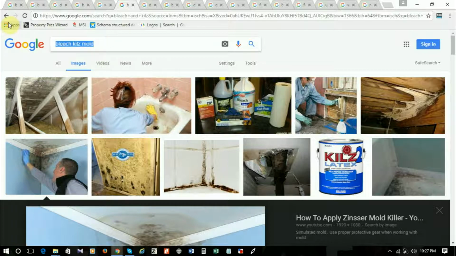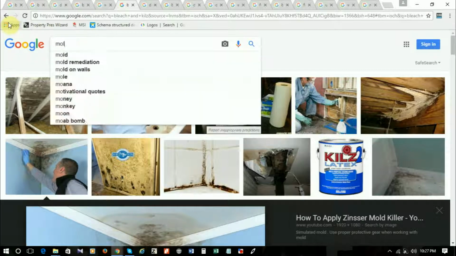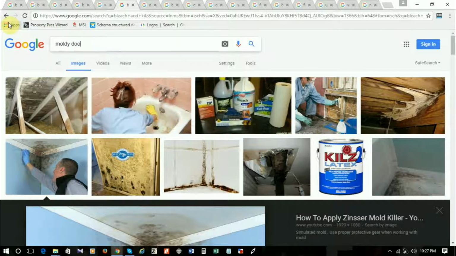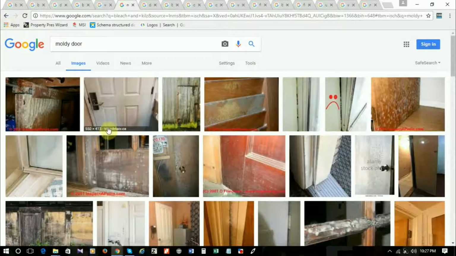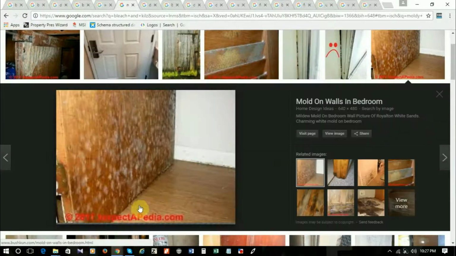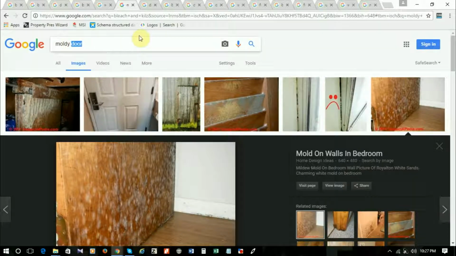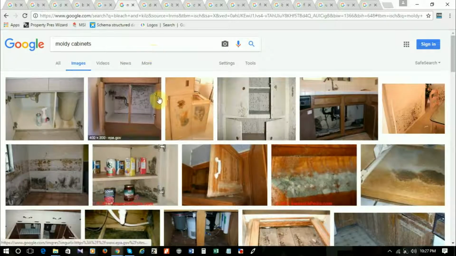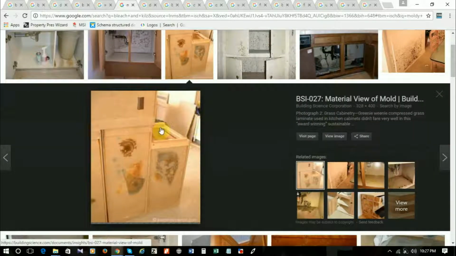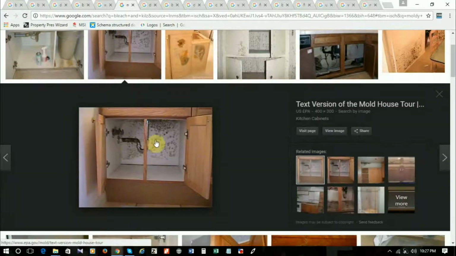So this is a sign of mold growing on doors, and pictures of mold growing on cabinets.